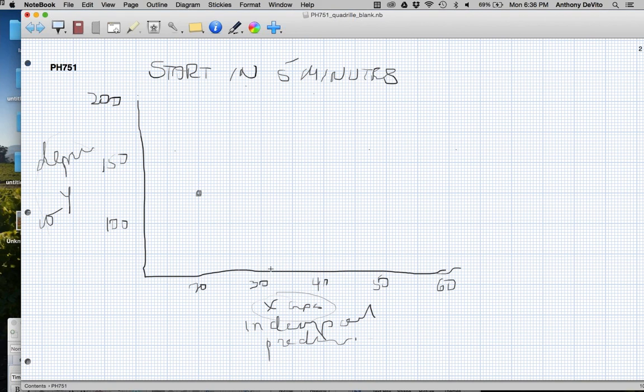This 30-year-old weighs 150 pounds. Let's do it that way: 130, 150, 160, 180, 200. So this is 160, let's say, and this 40-year-old weighs 170 pounds, this 50-year-old weighs 180 pounds, and this 60-year-old weighs 190 pounds.